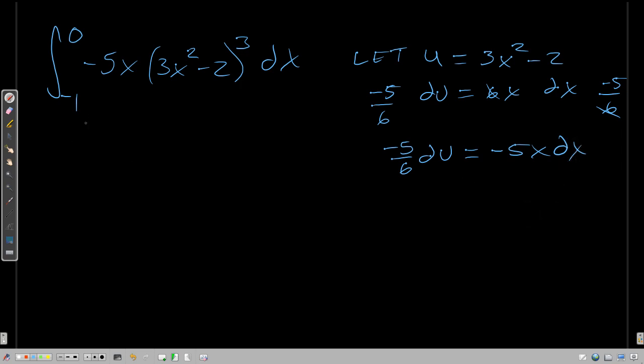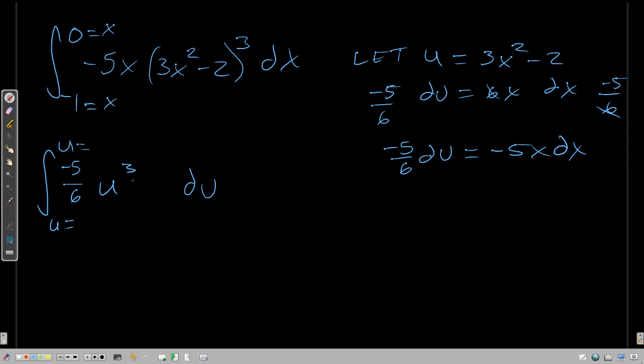So keep in mind that these numbers here are x values. You cannot put them here and here when you do your substitution. Right? So we're getting minus 5/6 du. That's what the minus 5x dx is. And then this part in here is just u cubed. And I want to put my new limits of integration here. They need to be u values.